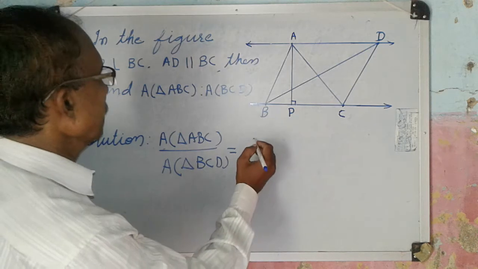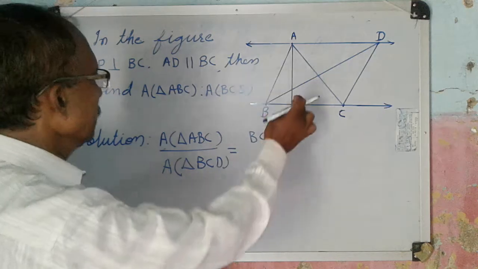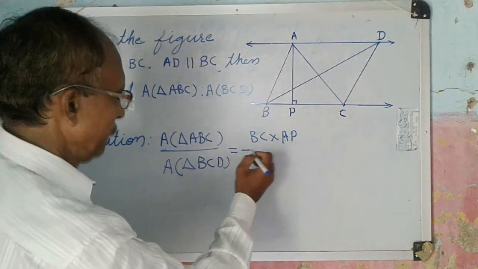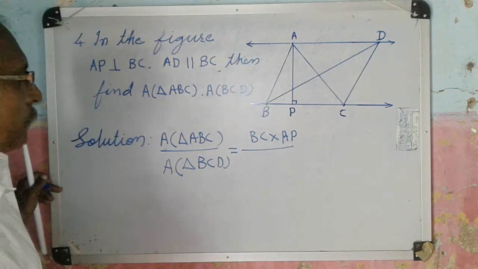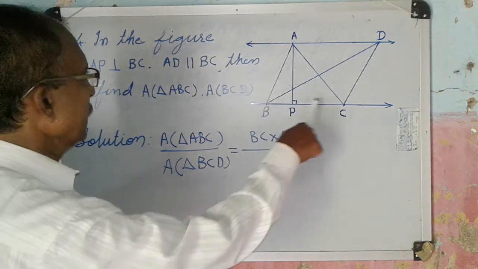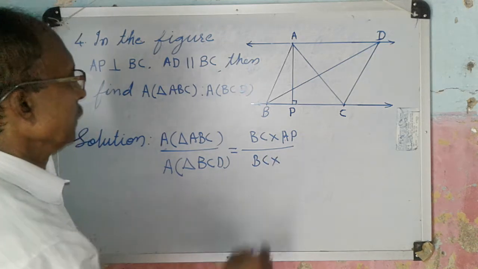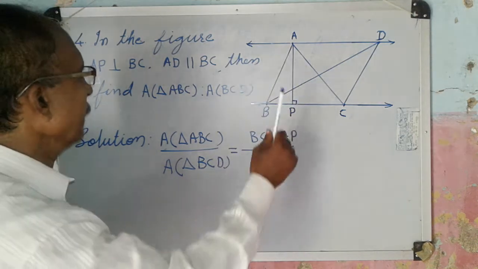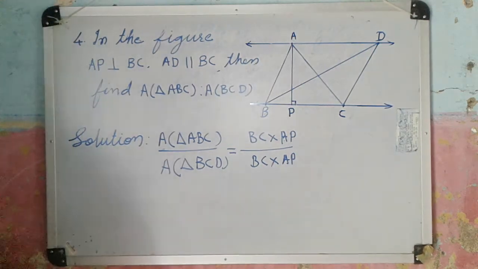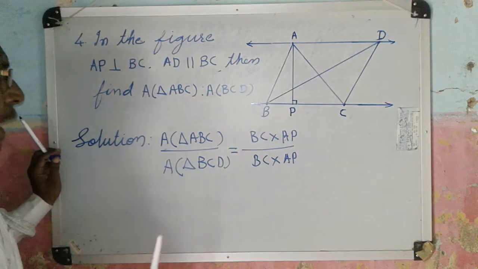Base of triangle ABC, BC, into height of triangle ABC, AP, upon base of triangle BCD, which is BC, into height of triangle BCD, AP. That means here both triangles are of equal bases and equal heights.